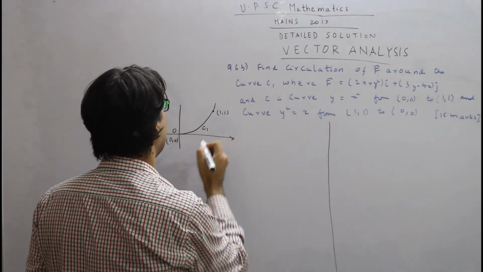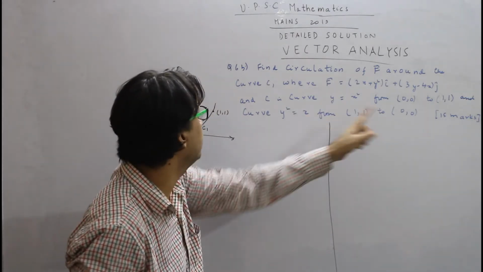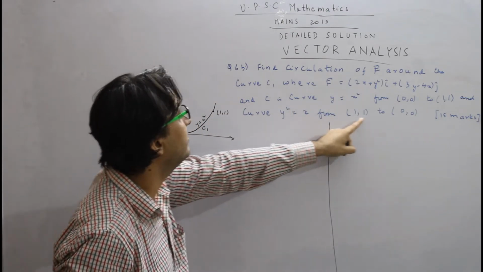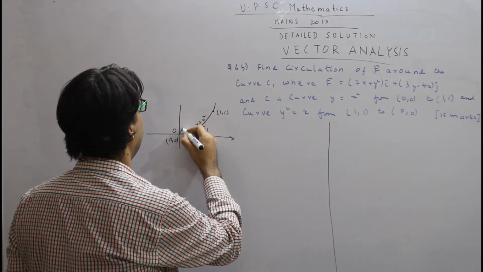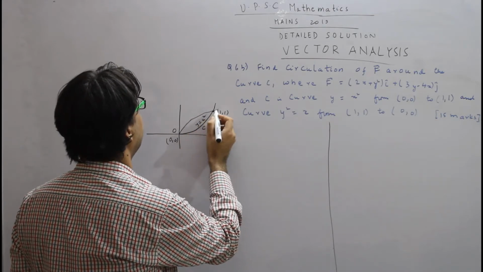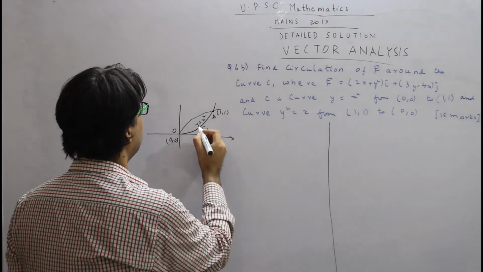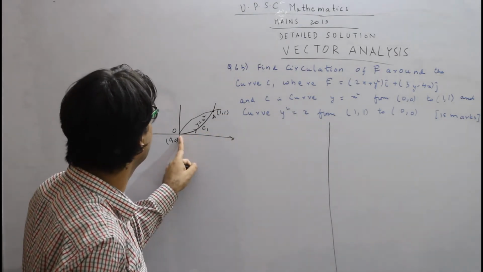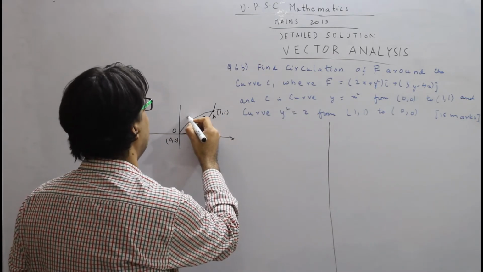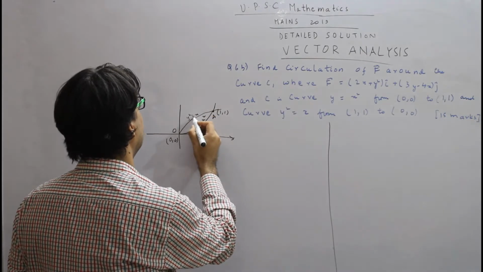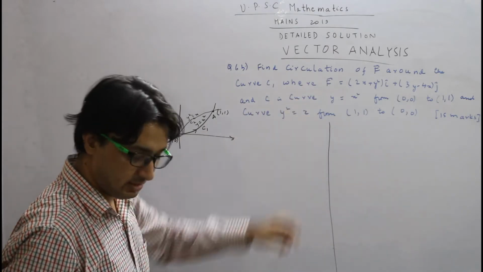I will call this curve C1. Second, it says curve y square is equal to x, from (1,1) to (0,0). If I call this point A, our curve C1 is from O to A, and curve C2, that is y square is equal to x, goes from (1,1) to (0,0). We have to find the circulation.